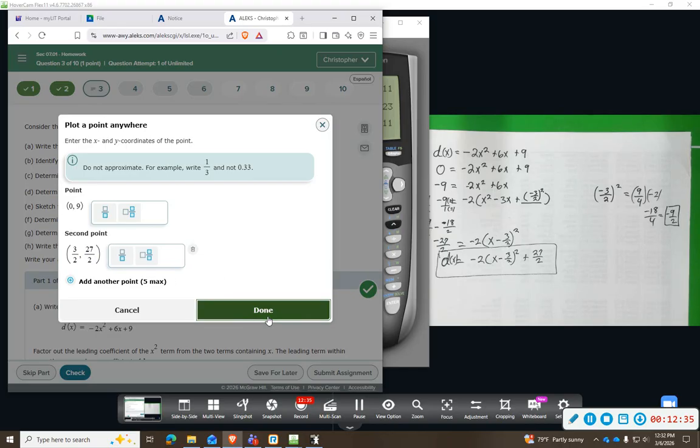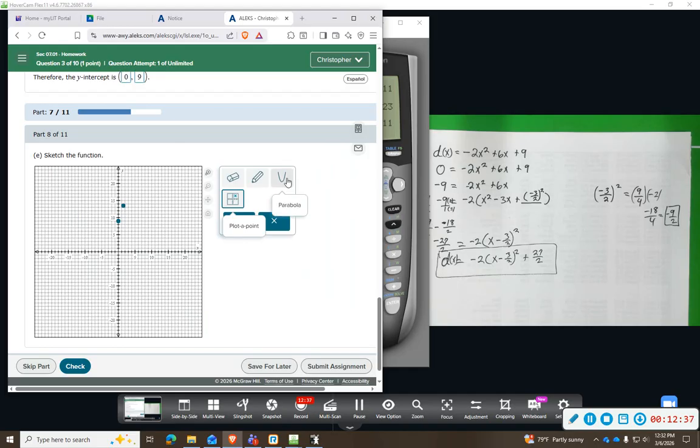Okay, let's just do those 2 points. Here's my vertex right here. The parabola's opening down because of the negative, and then we'll have it going through that point. Okay, that should give me the graph. 2 points is good enough here. Usually with a parabola, if you're doing it by hand, you want to do about 3 points so you can kind of see the pattern.